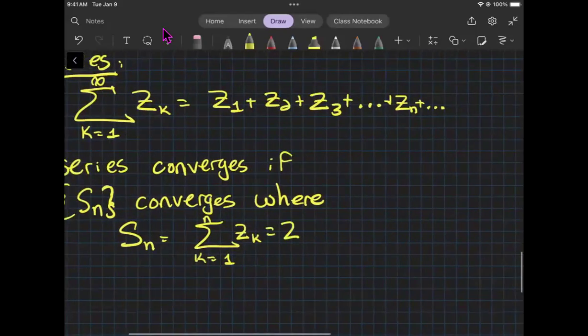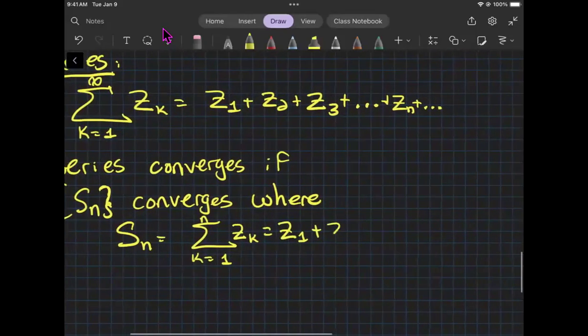And then term by term, this equals z1 plus z2 plus z3 all the way up to z sub n.